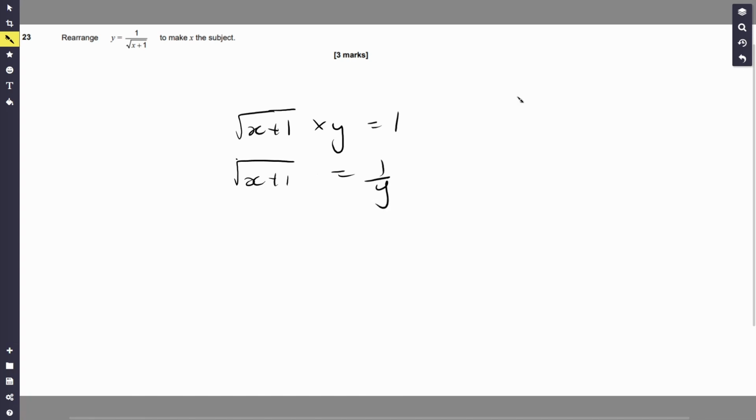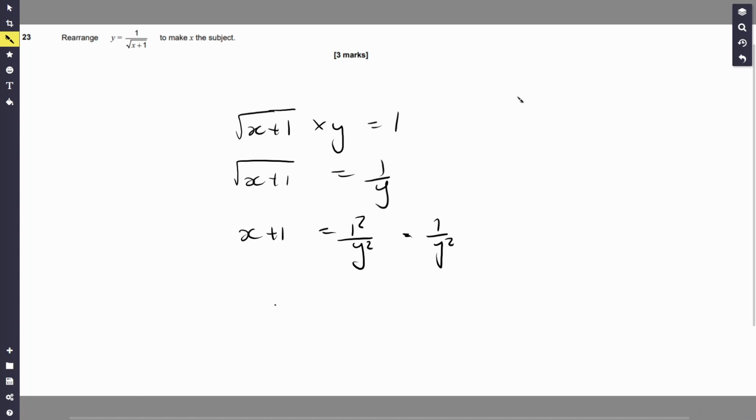And now we're going to square both sides because we want just x, we don't want root x, we just want x on its own. And when you do that, you square both bits of the fraction. So that means that x plus 1 is equal to 1 squared over y squared, which is the same as 1 over y squared, because 1 squared is 1.